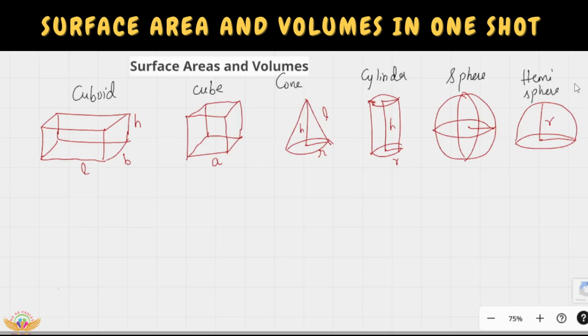So these are the 3D shaped figures and diagrams over here, and we are going to have the formula of curved surface area or lateral surface area, and then the total surface area, and then the last one is the volume.